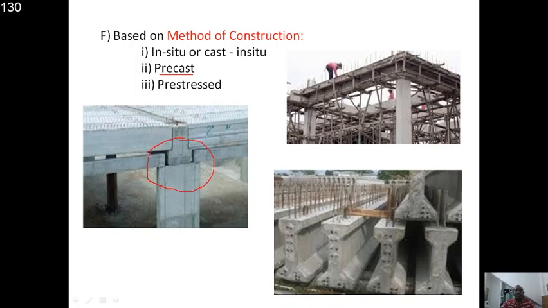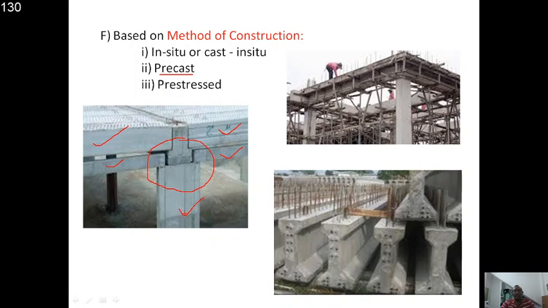So this piece is coming from the industry, this piece is coming from the industry. The pieces are manufactured at the industry, not at the site. And this slab is also manufactured in the industry, and they all come together in a truck or lorry to the site, and after that they are fixed together at the site, right.